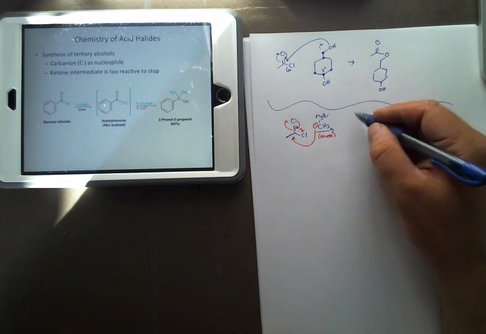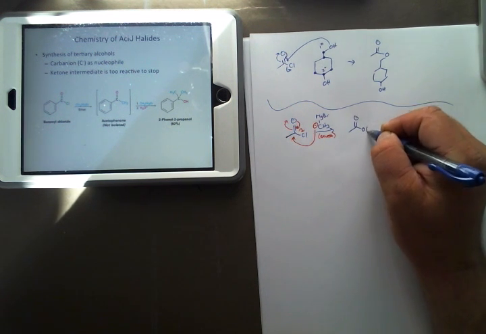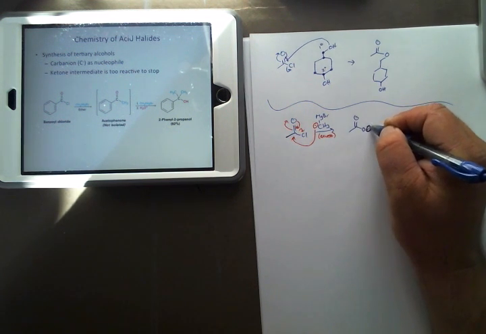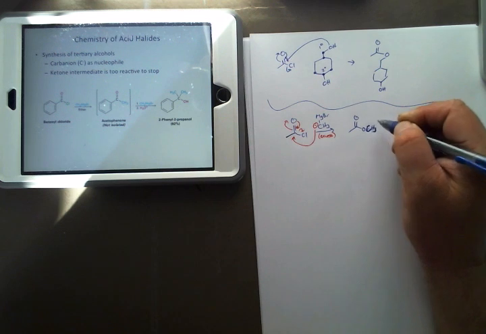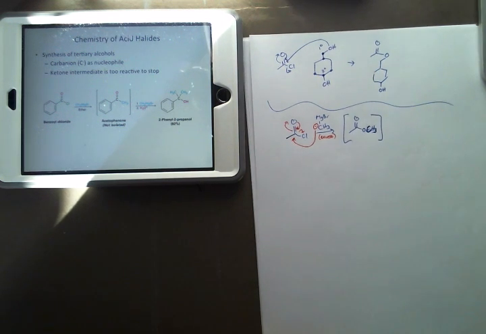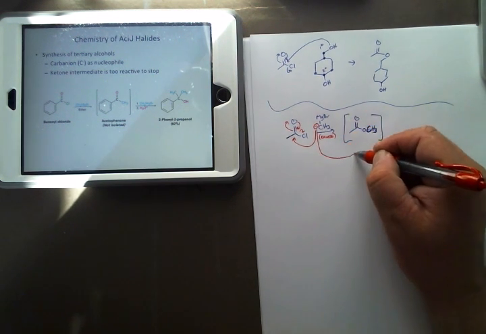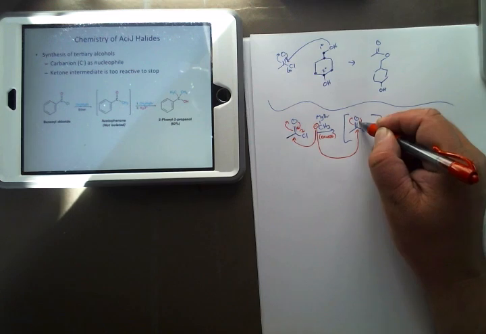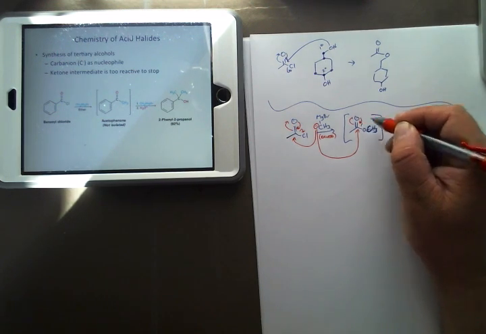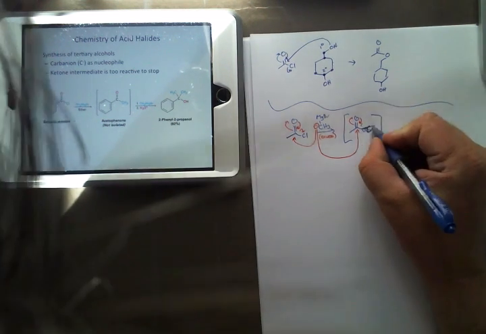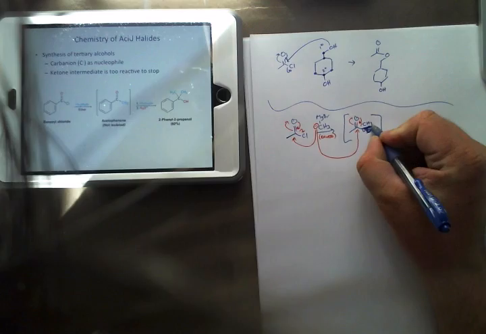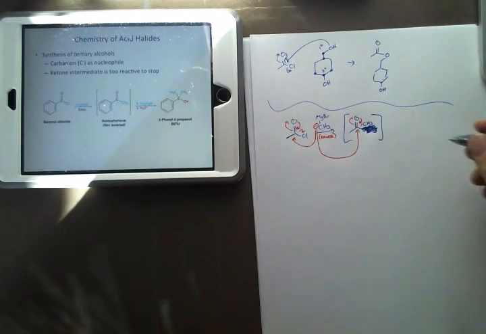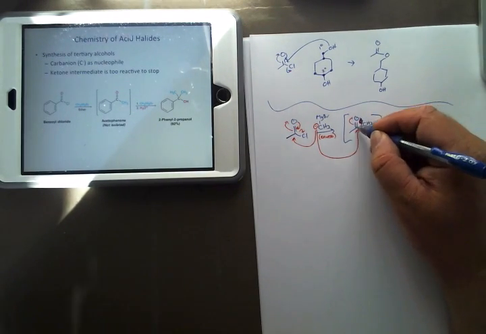So you'd end up with the ester intermediate, CH3. That again is going to be reactive, and so you're going to get another one coming in, up, down. Oh, excuse me, the ester is going to be a ketone. Sorry, been doing this too long. Up, down.